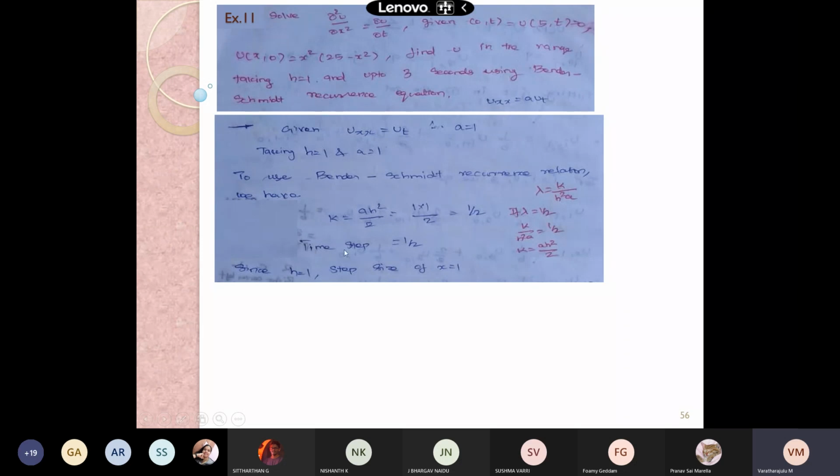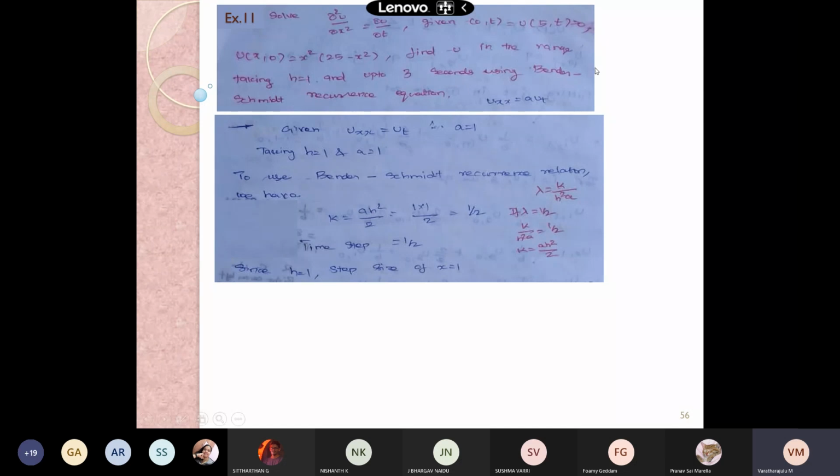This is the time step. Instead you can take k equal to 1 and proceed, but it won't fall under the Bender-Schmidt relation.